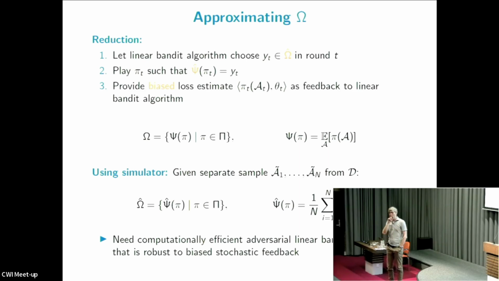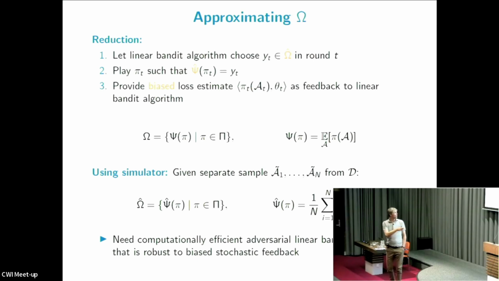And this will immediately produce a problem, because now when we report our loss as feedback to the linear bandit algorithm, this loss is what we observe. Its expectation is still in terms of ψ. It's not in terms of ψ hat. This is not under our control. So we're going to report biased losses now to this linear bandit algorithm.